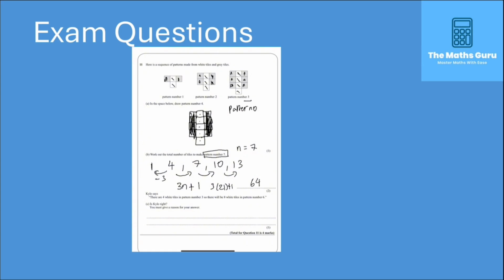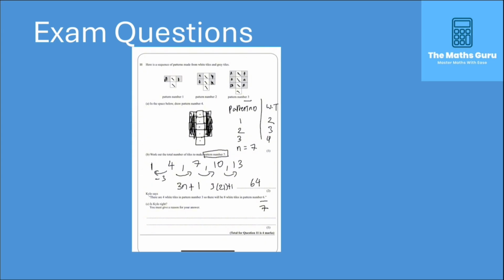Pattern number 1 has 2 white tiles, pattern number 2 has 3, pattern number 3 has 4, and pattern number 4 has 5. So there are 4 white tiles in pattern number 3, which contradicts his statement of 8 white tiles in pattern number 6, because the white tiles increase by 1 with the pattern number. So pattern number 6 should have 7 white tiles.